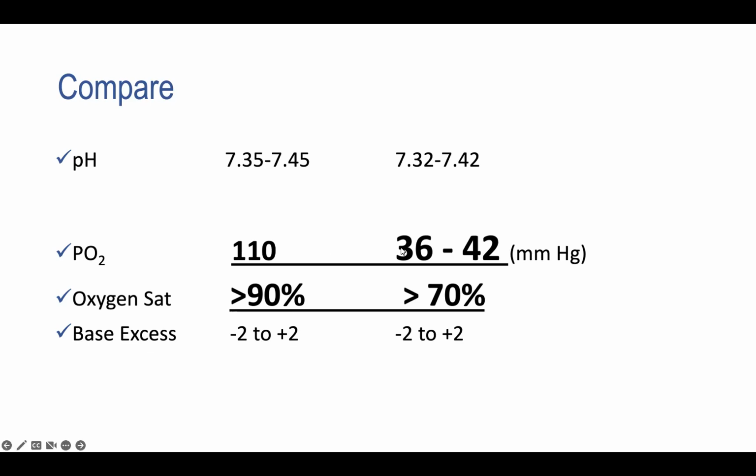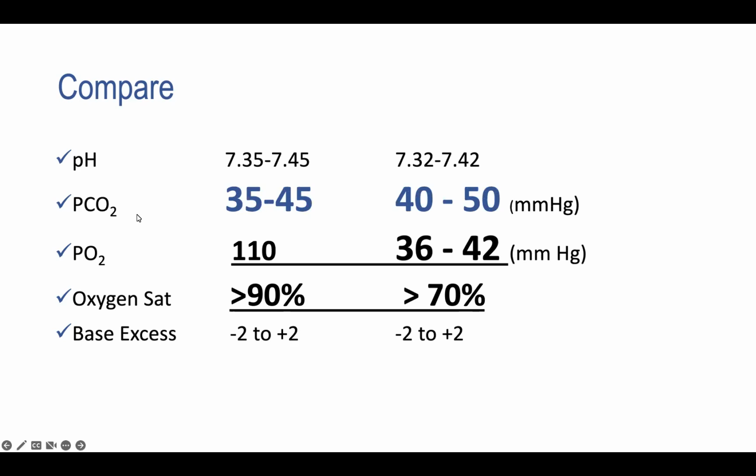Okay, so if I have a PvO2 of less than 36, typically my SvO2 will be less than 60%. That's telling you that you've got a patient that is taking extraordinary amounts of oxygen because A, you're not delivering enough, or B, the tissues are asking for too much.